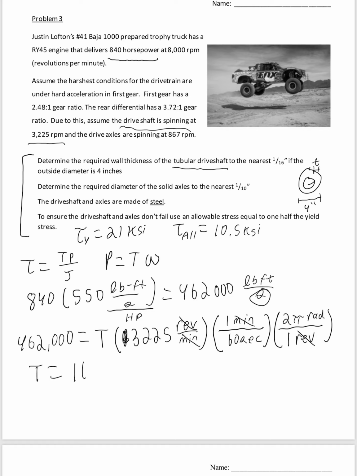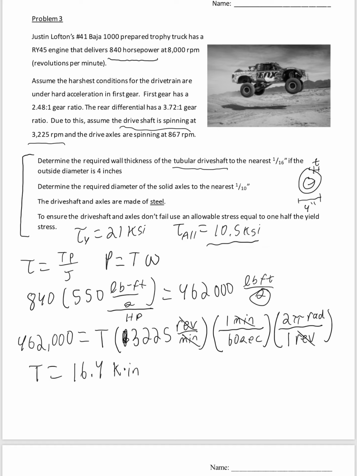So that will be 16.4 kip-inch. Now we're doing that because our shear is given in ksi, kips per square inch. So ideally we want everything to be in kip-inch.